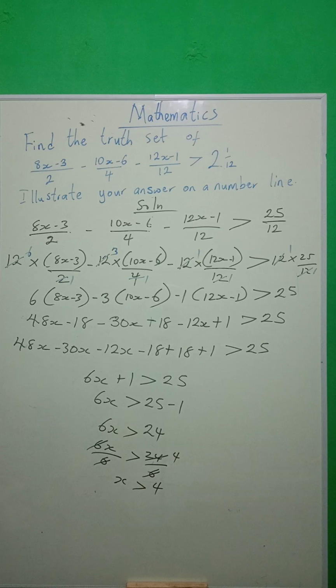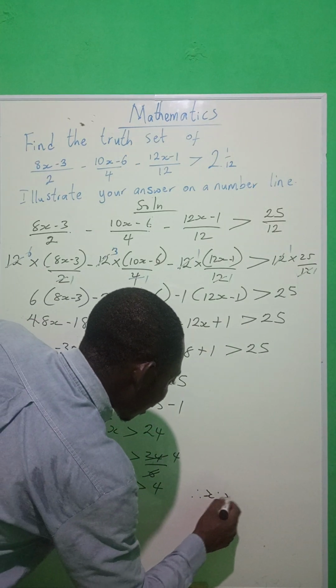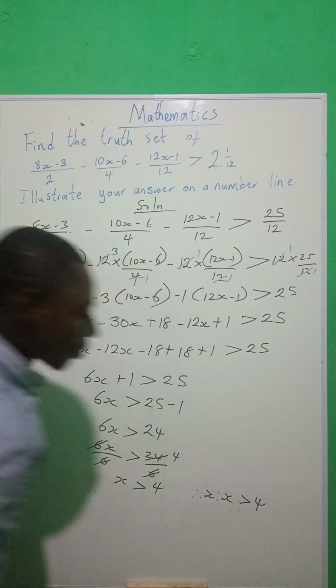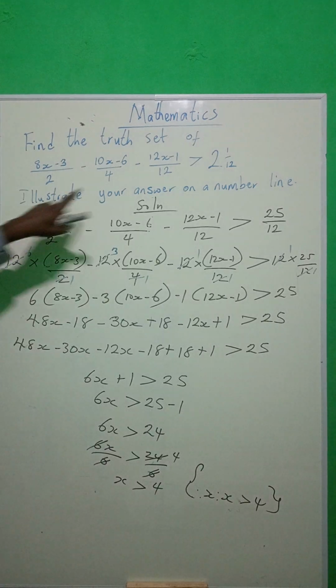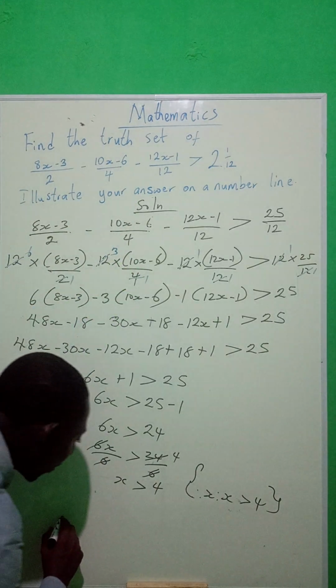Therefore, x is greater than 4, and you can leave it like this. But it says illustrate your answer on a number line, so you draw a number line.